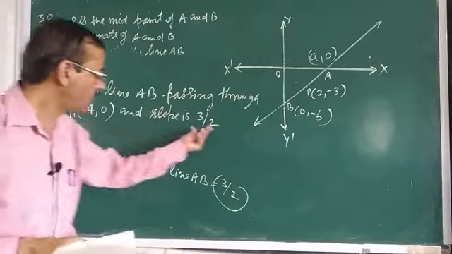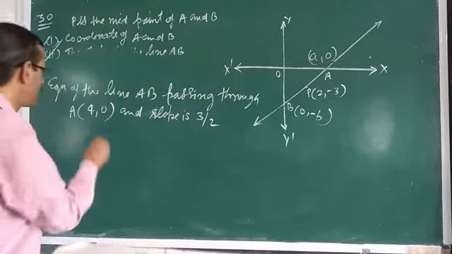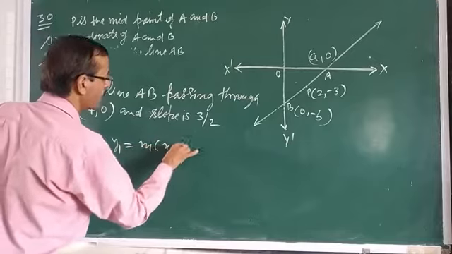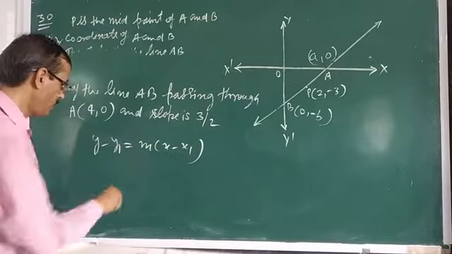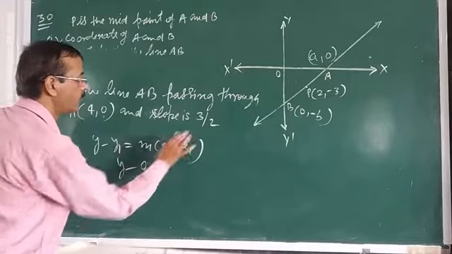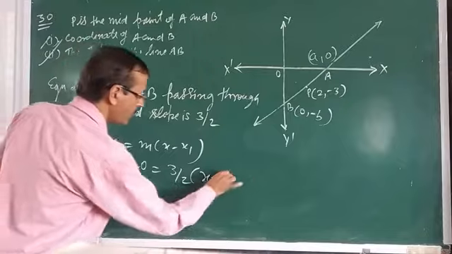You know one point and the slope, so apply the equation y minus y1 is equal to m times x minus x1. y minus 0 is equal to 3/2 times x minus 4.